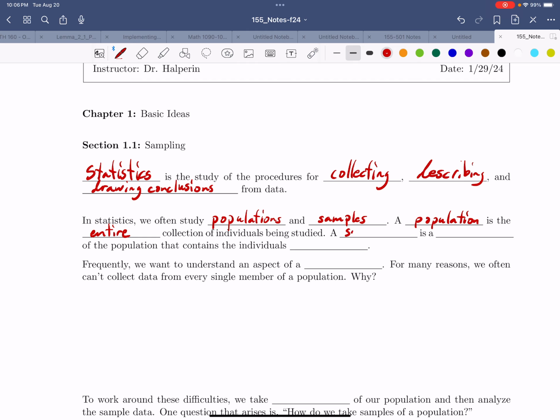A sample is a subset of the population that contains the individuals being studied.